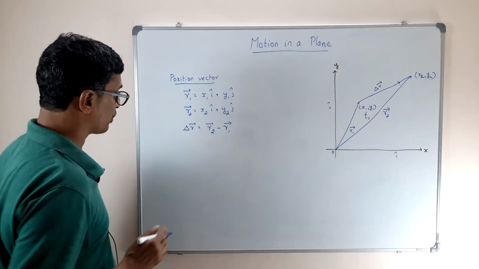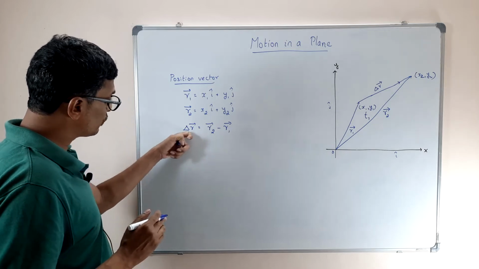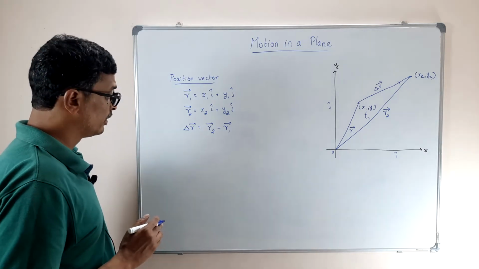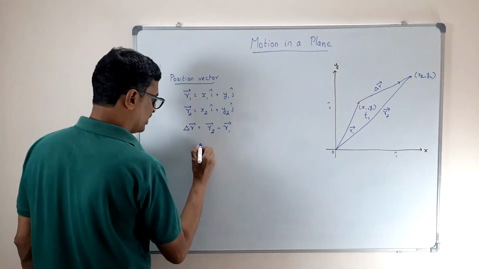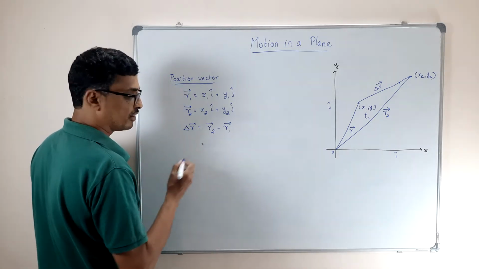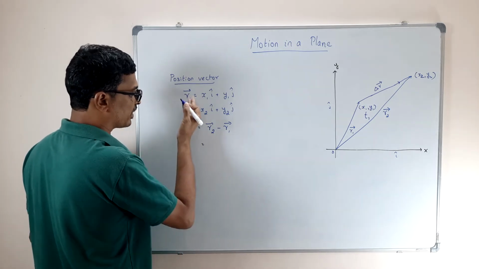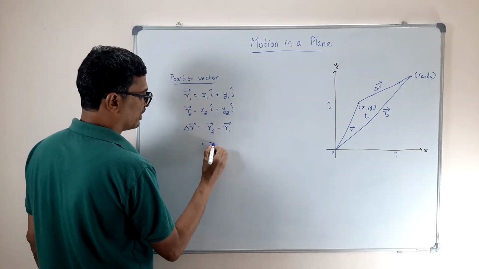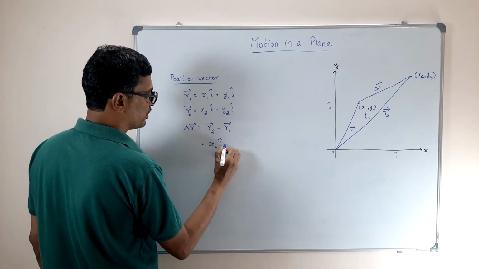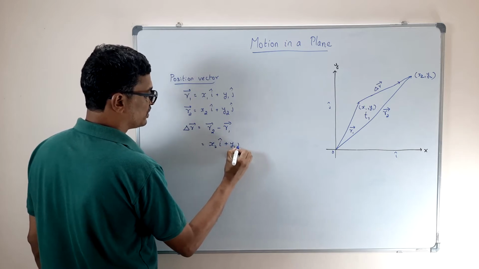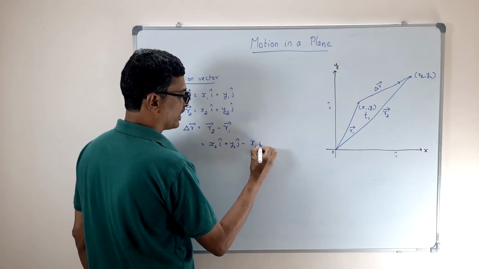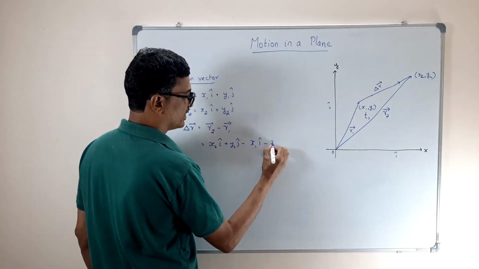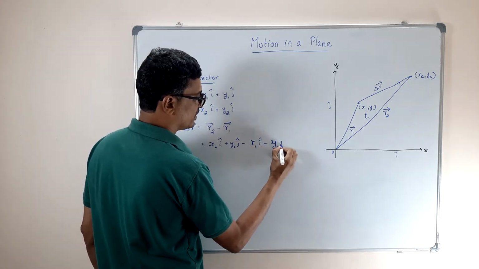So delta R vector equals R2 vector minus R1 vector. Can you resolve this also into two components? How? Tell me. Simple, you take it. Write the R2 vector: x2 i cap plus y2 j cap, minus x1 i cap minus y1 j cap.